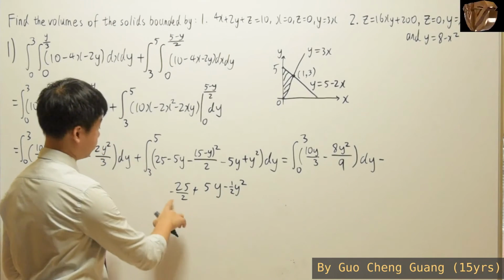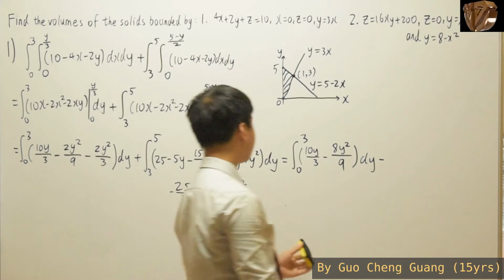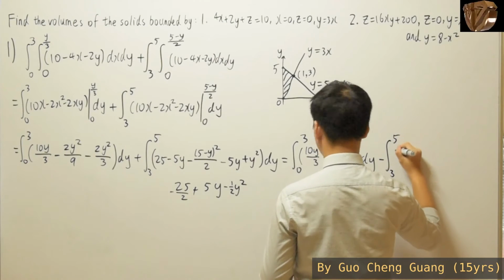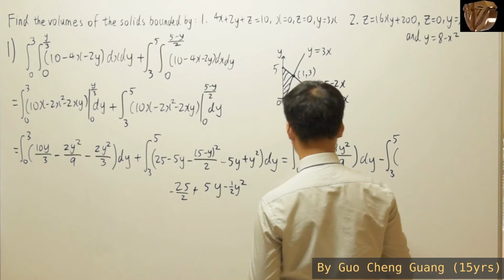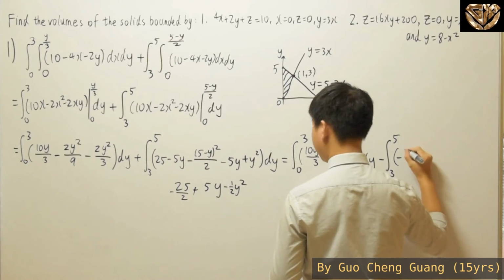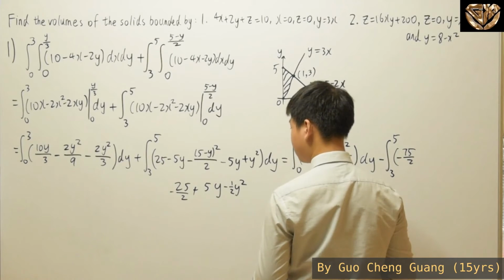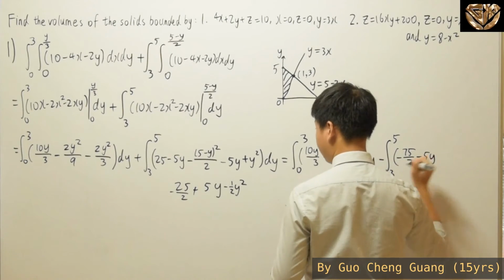So then you just have to combine these with whatever other terms you have. So minus integrate from 3 to 5, and the constant term is going to be negative 75 over 2. And for a term with y, that will be minus 5y.